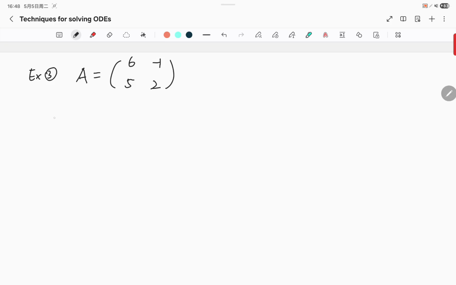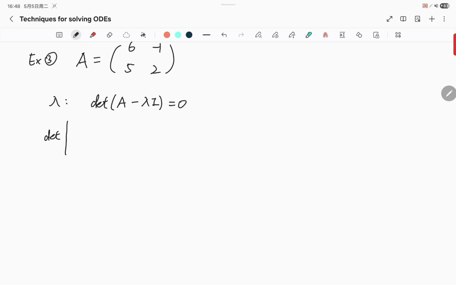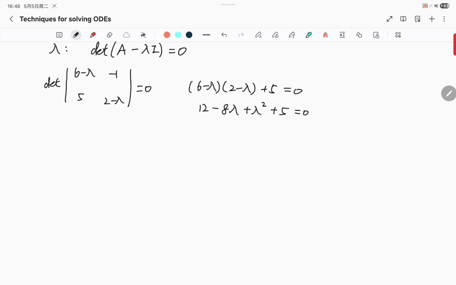So again, we have eigenvalue lambda obtained from determinant of A minus lambda I is equal to 0. So we have |6 minus lambda, -1; 5, 2 minus lambda| equal to 0. We have (6 minus lambda)(2 minus lambda) plus 5, because minus times minus 5. So we have 12 minus 8 lambda plus lambda squared plus 5 equal to 0.